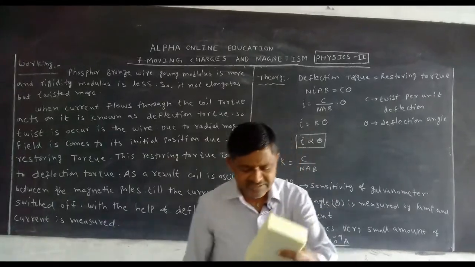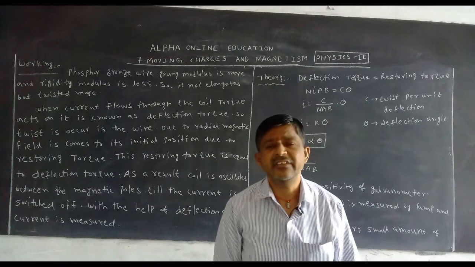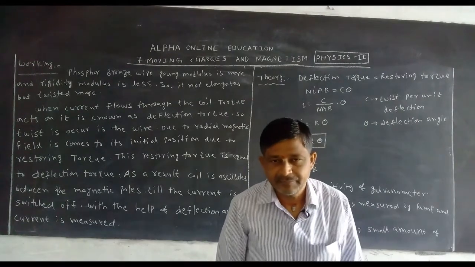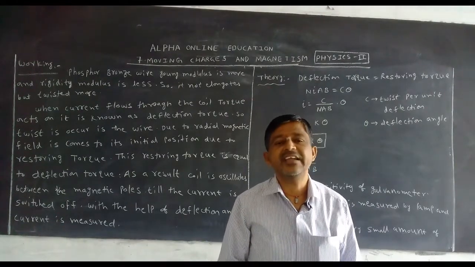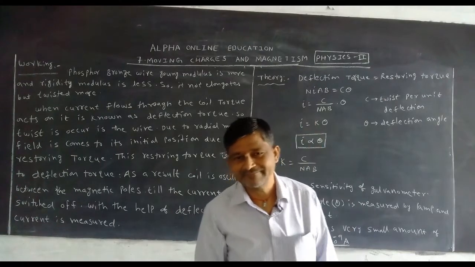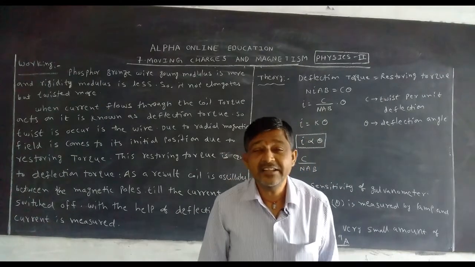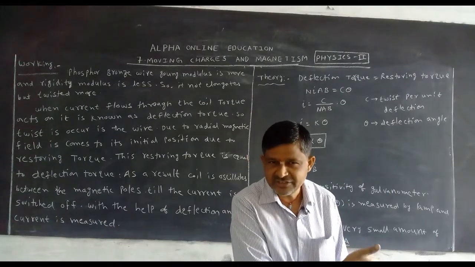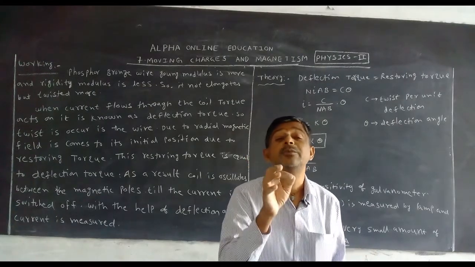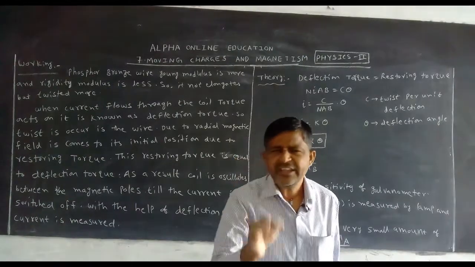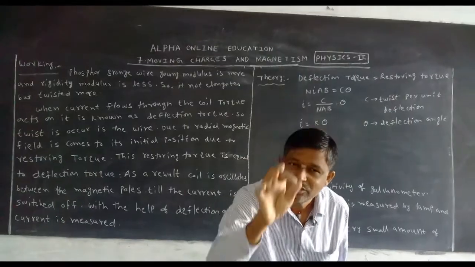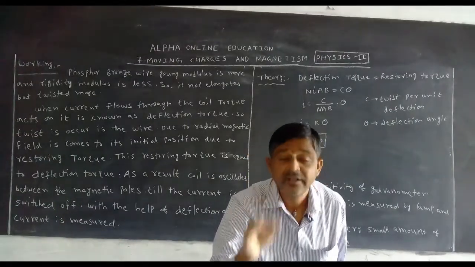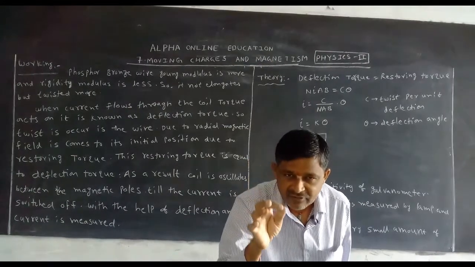In our houses, the current is 5 amperes. But how much current is measured by the MCG? 10 to the power of minus 9. A very, very small amount of current is measured by the moving coil galvanometer.